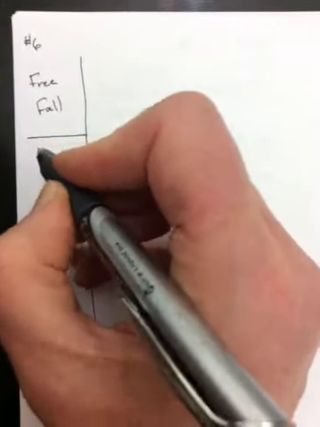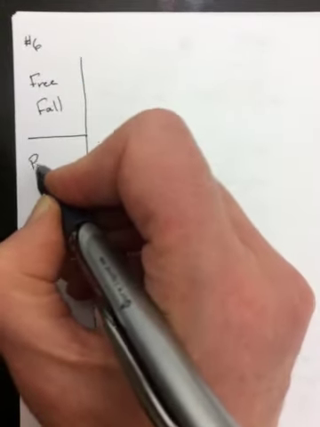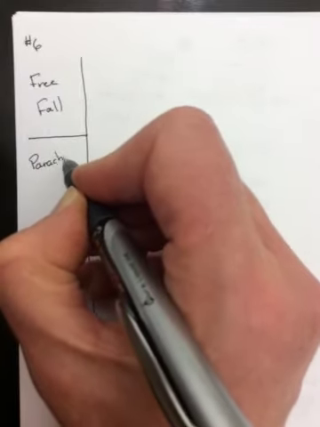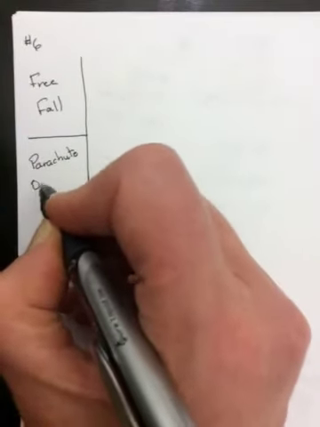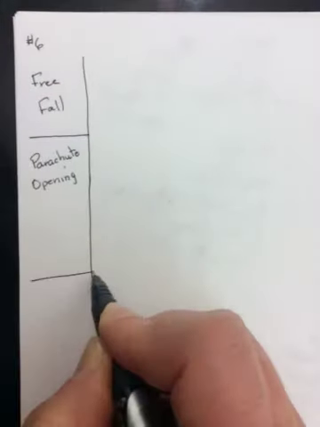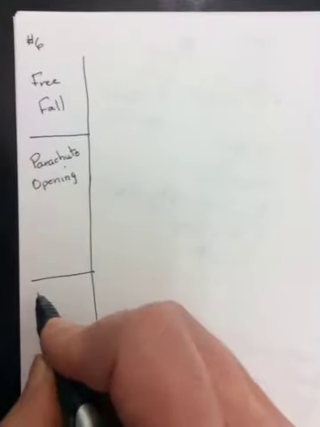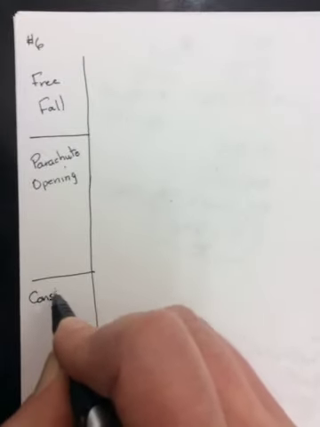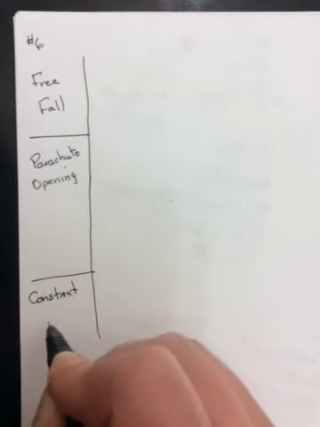The second section is parachute opening. And the third section is after the parachute is opening when she falls at a constant speed to the ground.